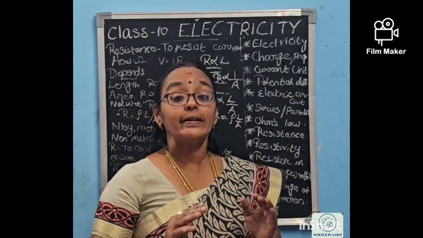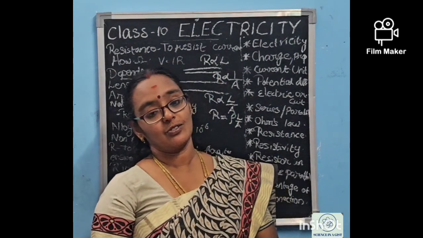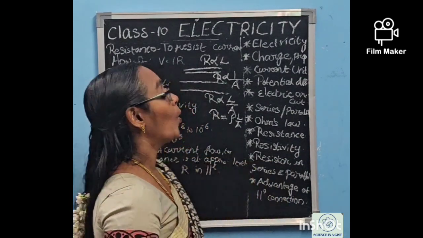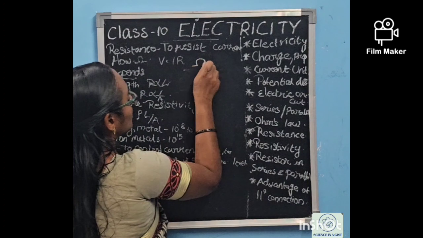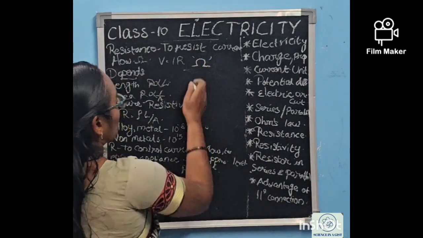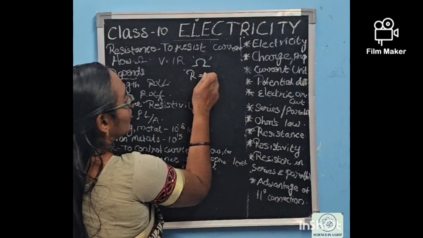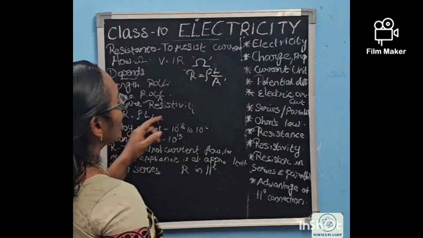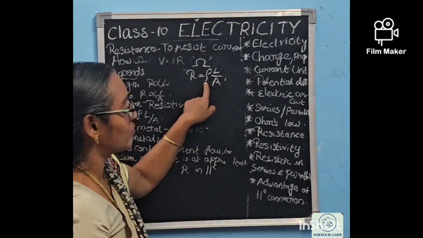Okay. What is the SI unit of resistance? Who invented resistance? Ohm. So the SI unit is ohm. And we have found the relation R is equal to rho L by A. Can you find what rho is from this?